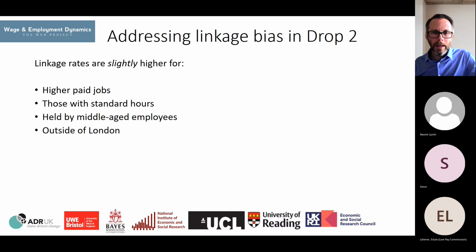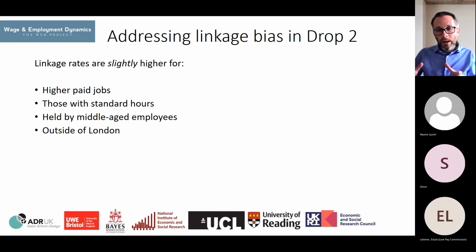In any linkage process, once you've got people moving around between residences or between jobs, that's always going to make linkage harder, because the two bits of information in the two data sets might not quite be collected at the same time. Any linkage process tends to have more difficulty linking people within London because there's so much more mobility of residents as well as job mobility. So you get slightly higher linkage rates for these types of people.